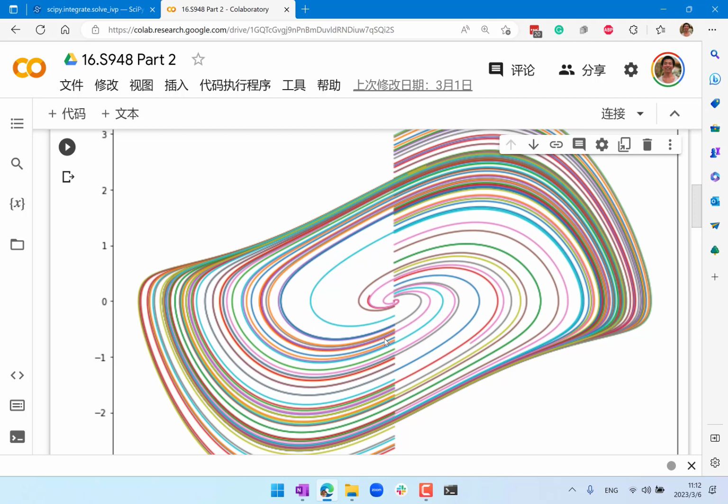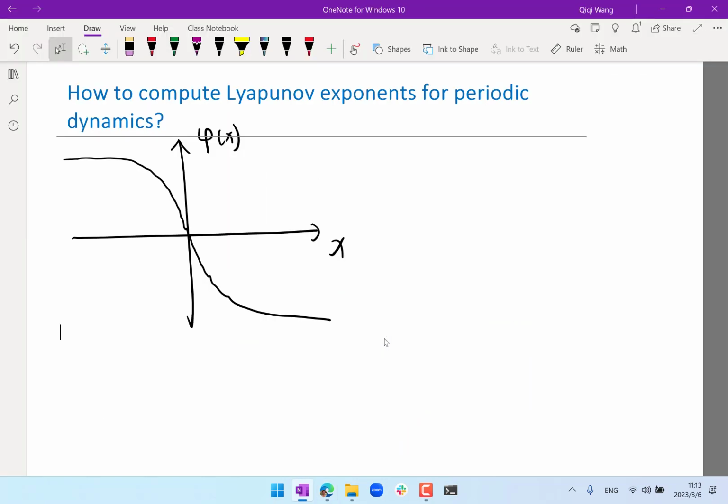But if you start a trajectory near x equal to 2, you come back at roughly the same magnitude on the opposite side. While if you started very much away from the origin, you come back with a magnitude actually closer to the origin. So this is roughly what the map looks like.